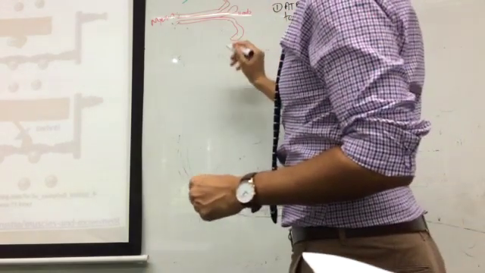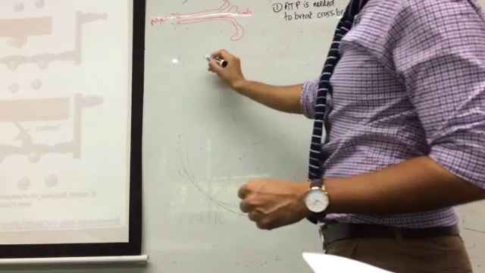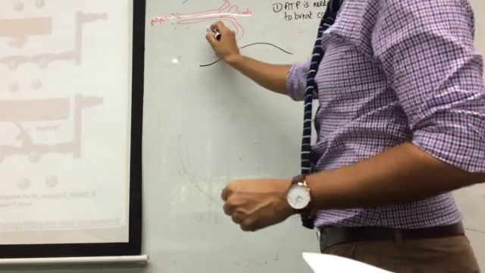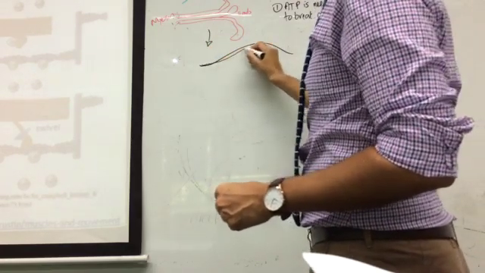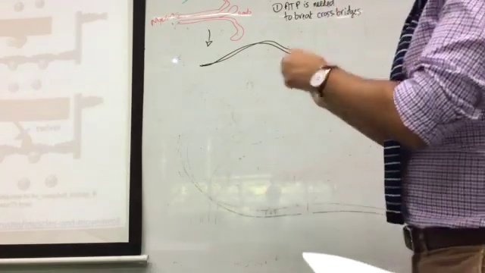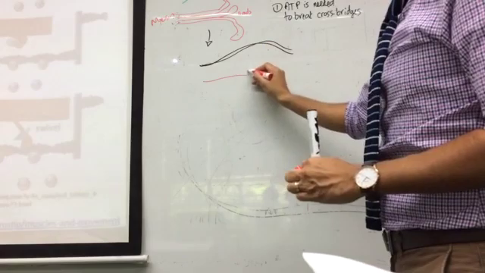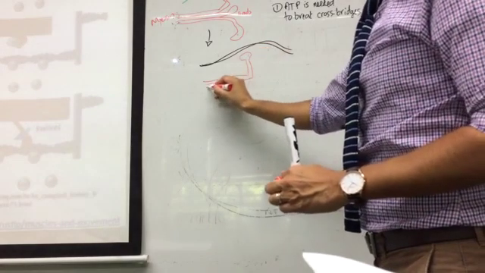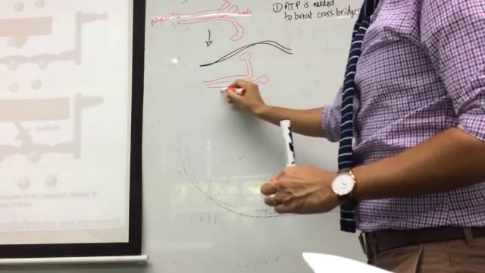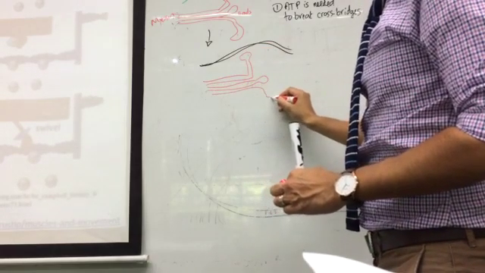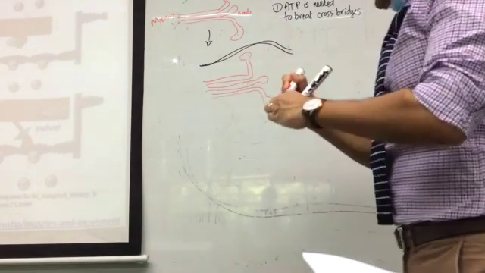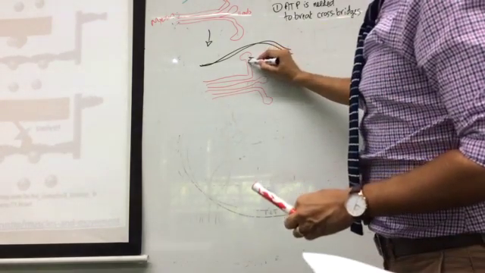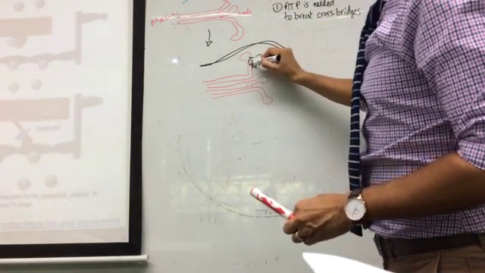So in this situation, I'm going to simplify my actin. There's my actin now, and I'm just going to show one myosin head here. We have ATP attached here like this.